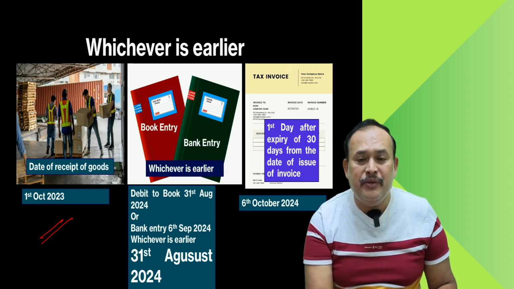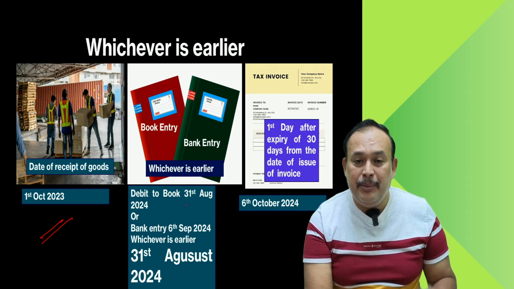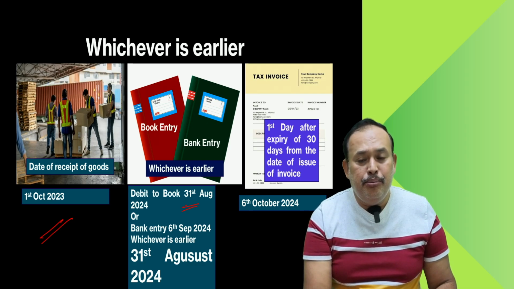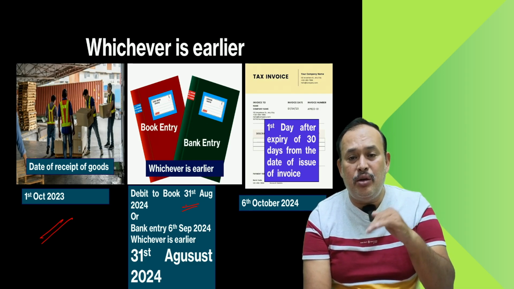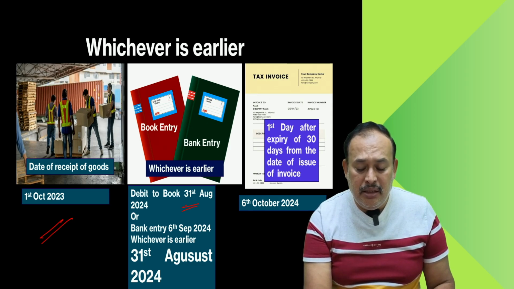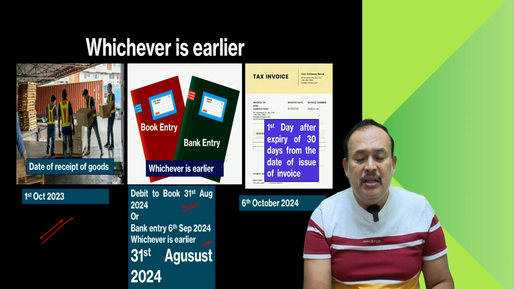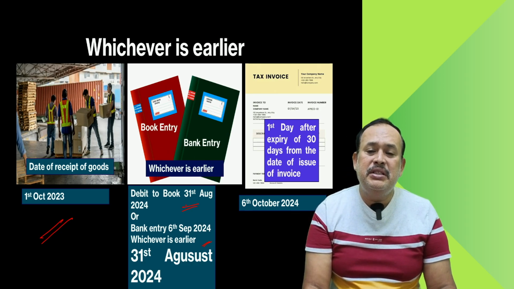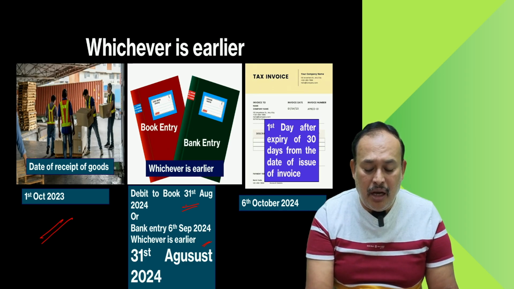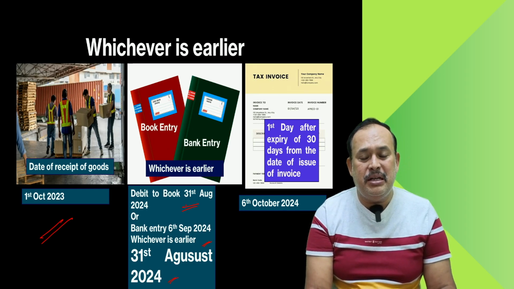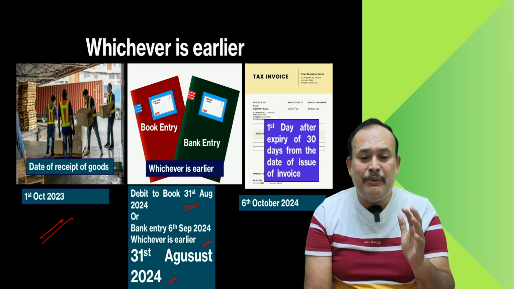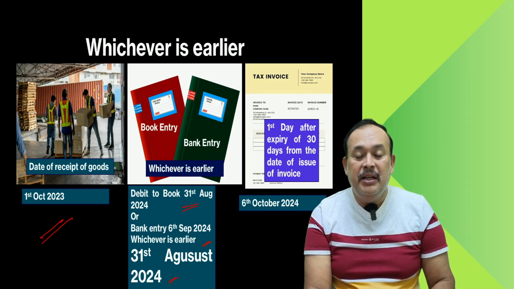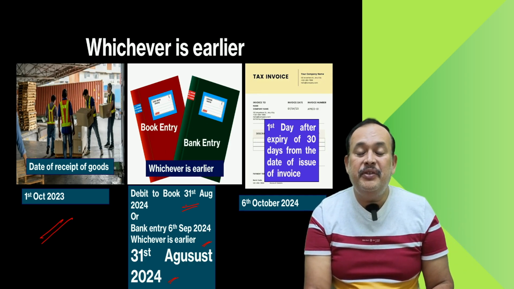Date of book entry, for example, debit in the books 31st of August. Banker gave the debit to the account of the recipient 6th September. 31st August or 6th September, whichever is earlier, 31st August is the date of payment. So, date of receipt of the goods 1st October 2023. Date of payment 31st August 2024.